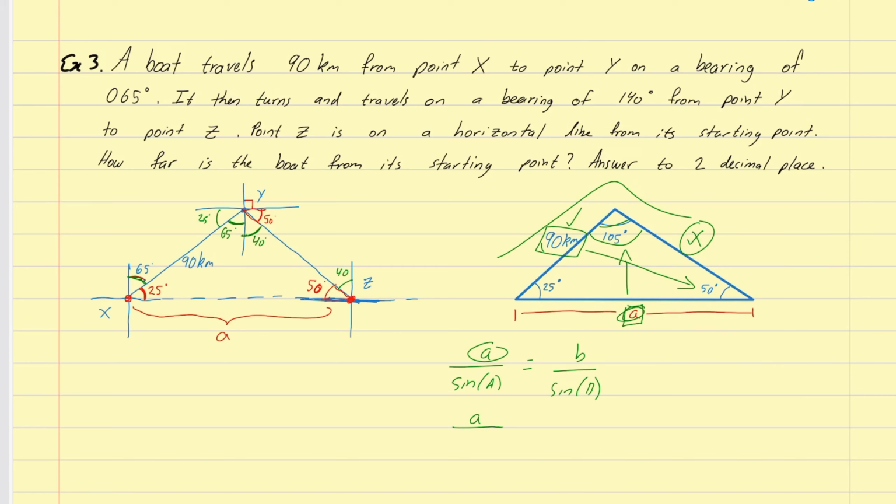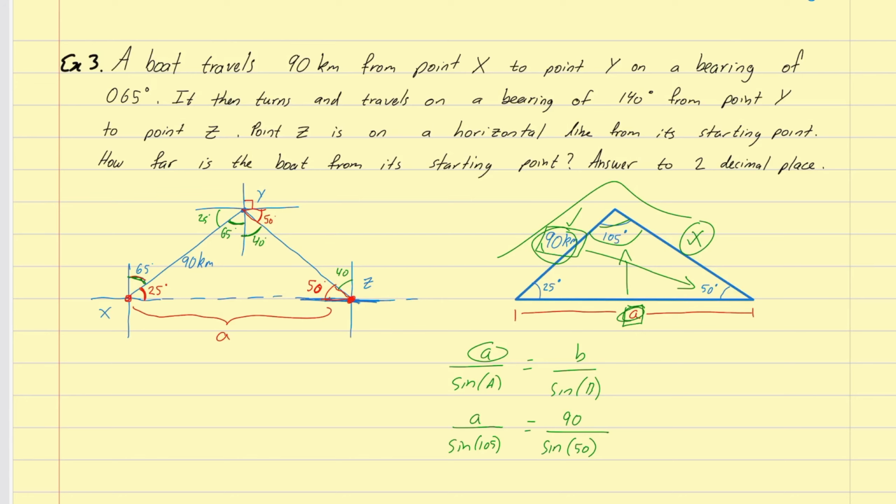A, which is what I'm trying to work out, over sine of the opposite angle, which is 105, should equal b. Now, b is another side. The only other side that I have is that 90 kilometers right there. So that's going to be my b, over, now, what's sine of B going to be? Just the opposite angle. And the opposite angle of side 90 is going to be 50 degrees. So therefore, that'll be sine 50 degrees.